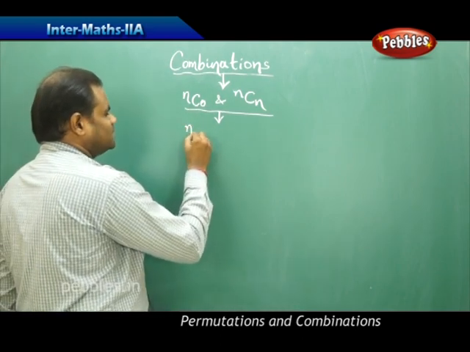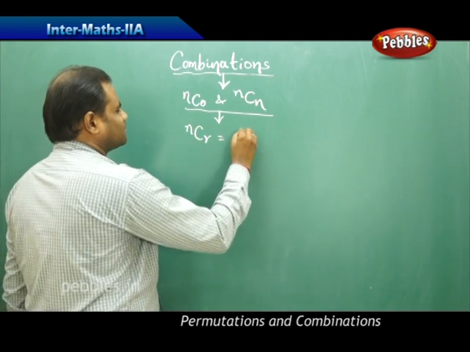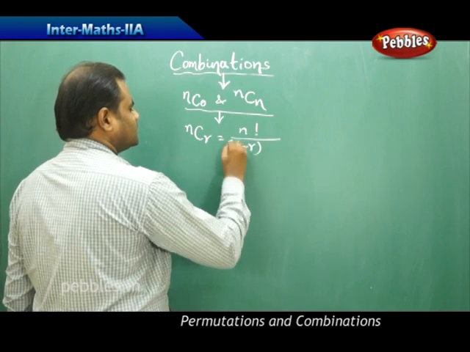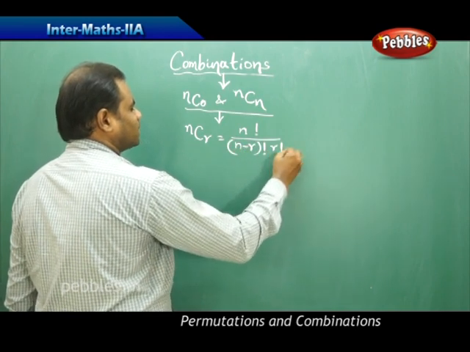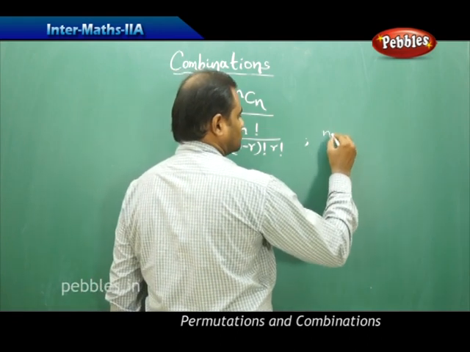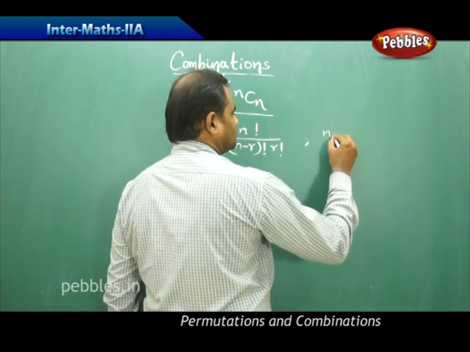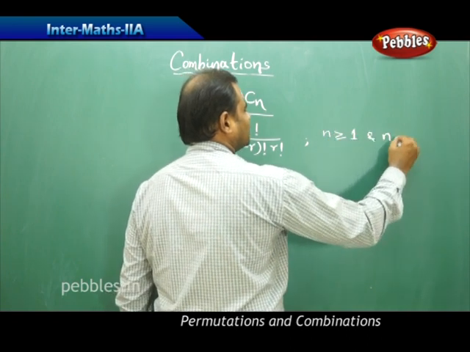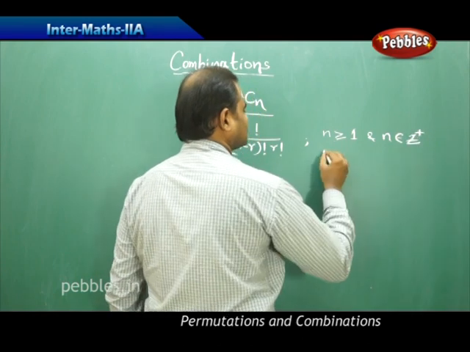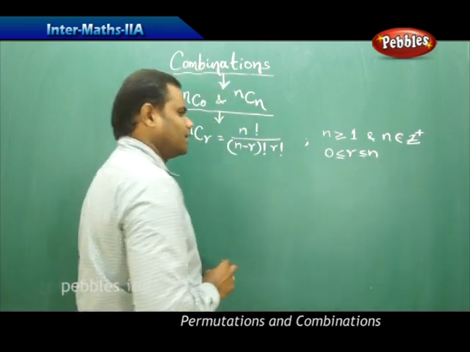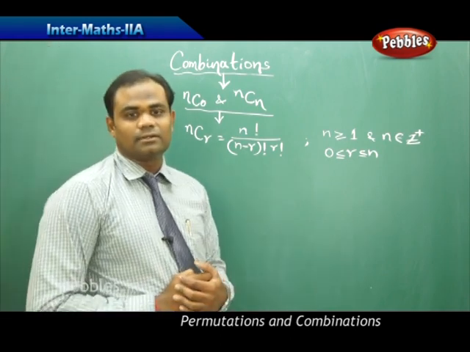Now we have nCr is n factorial by (n minus r) factorial into r factorial, where n is greater than or equal to 1 and n belongs to Z plus, and r always lies between 0 and n. This is how we understand the concept.